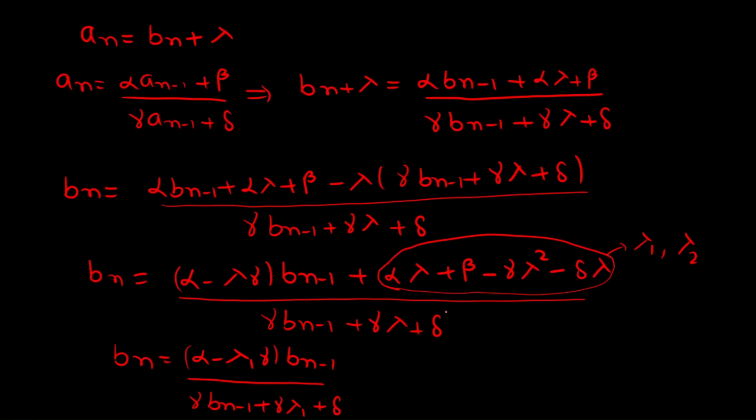We can also solve this using another method, the fixed point method. Let me show you how the method works, and then let's discuss it. Now we have a_n is equal to (alpha a_(n-1) plus beta) by (gamma a_(n-1) plus delta), with all those constraints applied that we took in the question.